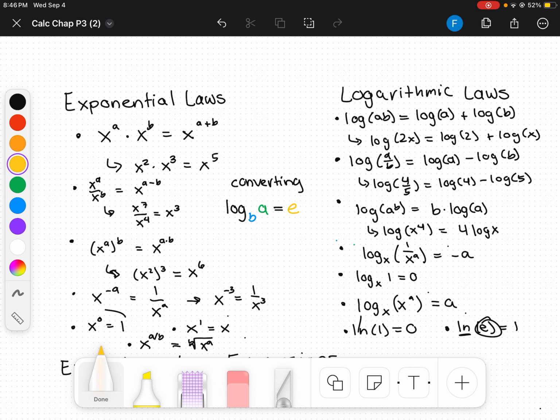I can rearrange this and write it in exponential form as base raised to the exponent equals my answer. Okay, so you may always convert back and forth. If you see either one of these forms, you can convert from exponential form into log form, or from log form into exponential form. Okay, so again, just keep in mind log bae, B for base, E for exponent, A for answer.